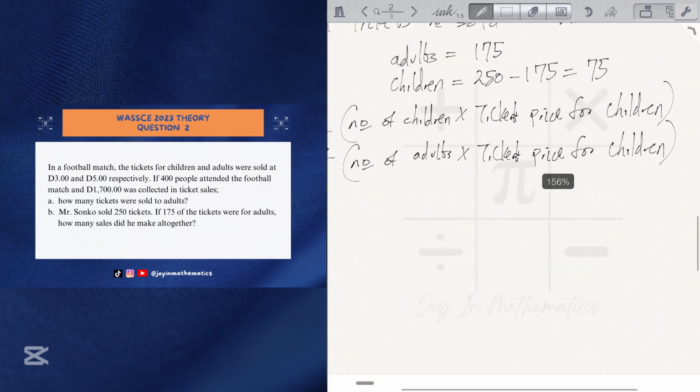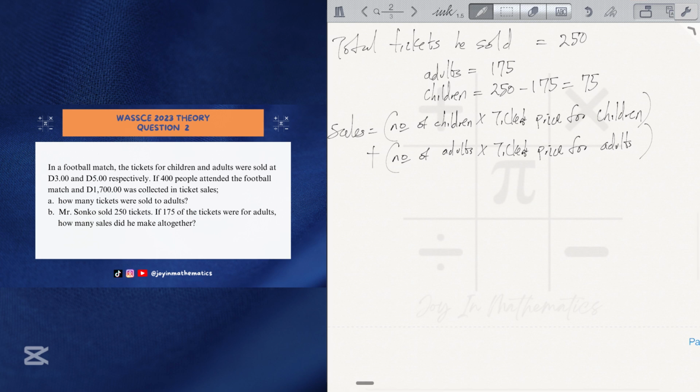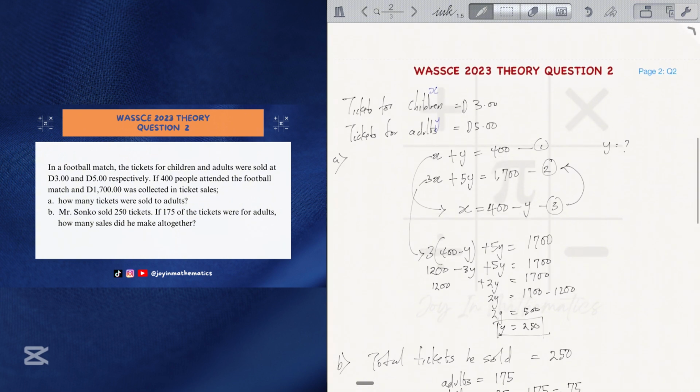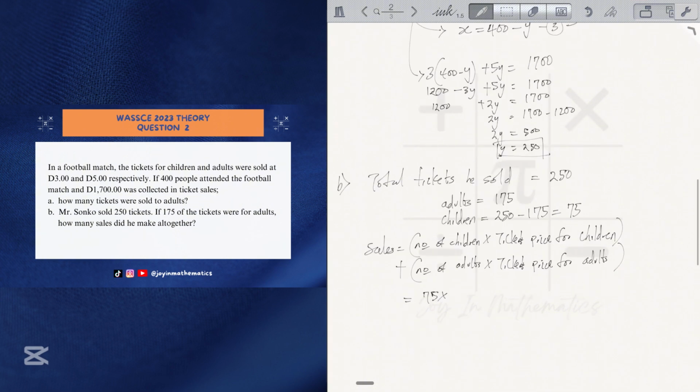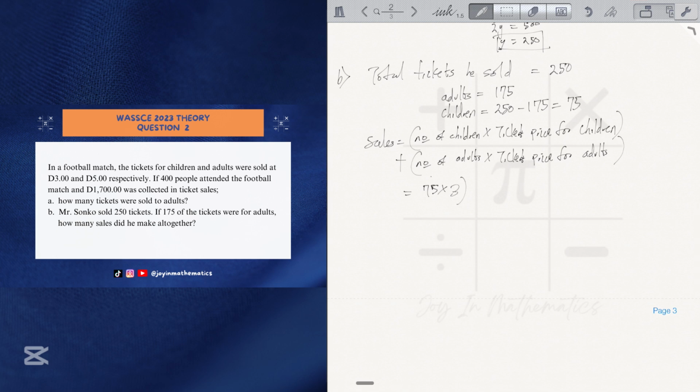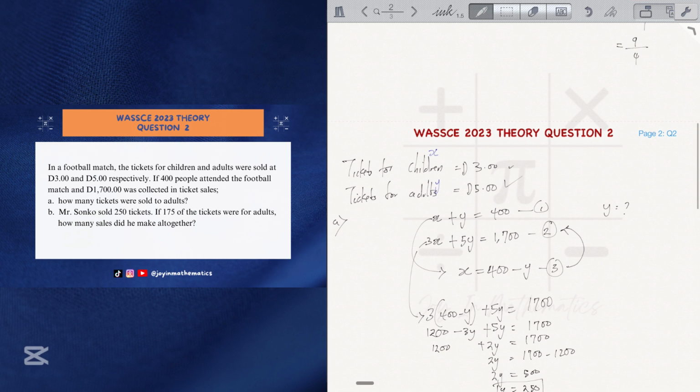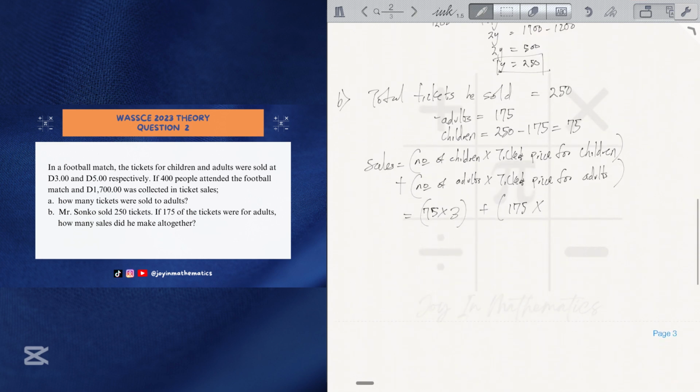So what is the total sales now? The number of children is equal to 75. The ticket price for children, as in the question, is $3, so multiply by 3. The number of adults is 175, and the ticket price for adults is $5, so this will be multiplied by 5.